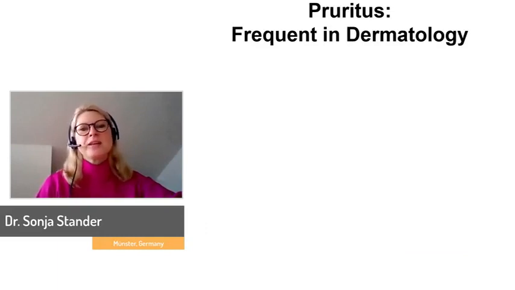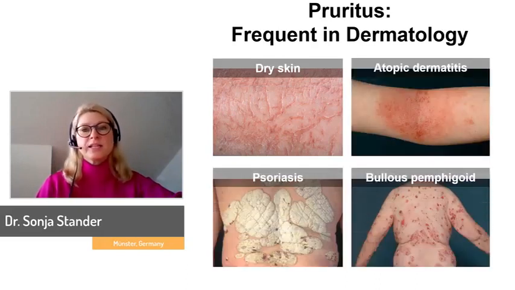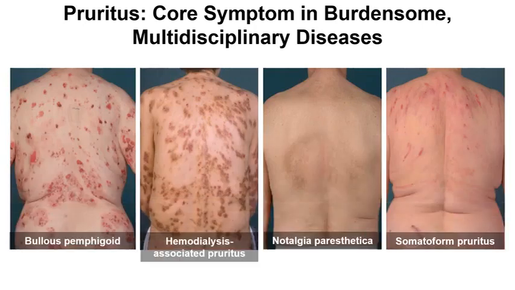Here you see pruritus is a well-known symptom in dermatology. It's very frequent. It starts that dry skin can induce pruritus, and we find the symptom in many diseases such as atopic dermatitis, psoriasis, but also in autoimmune diseases. Of course, also outside dermatology, we find pruritus in many diseases.